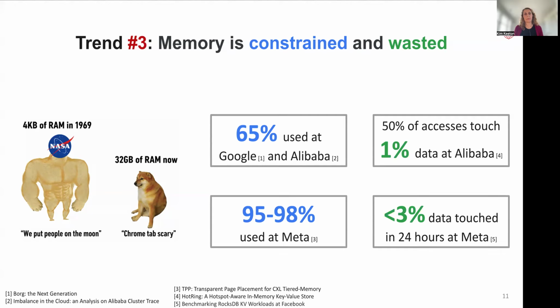Some examples from Alibaba recently showed that 50% of all accesses use less than 1% of data, whereas at Meta, less than 3% of data is touched in 24 hours. So we want bigger and bigger memory, but it looks like we are using less and less of this allocated memory.